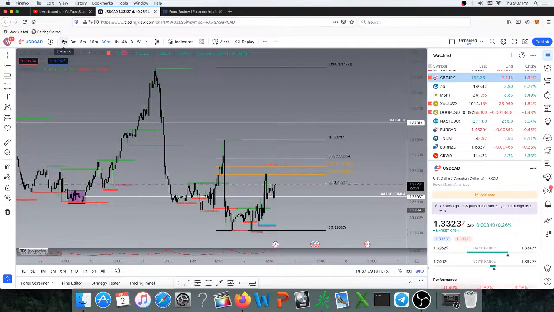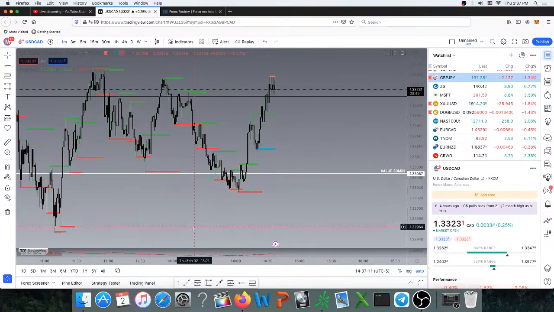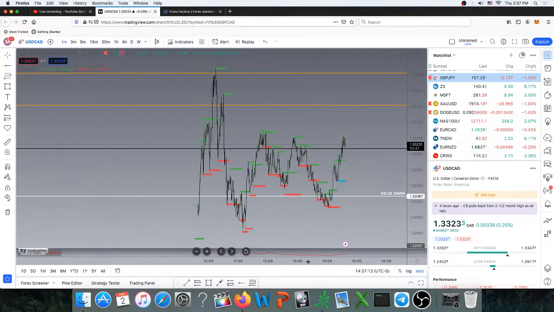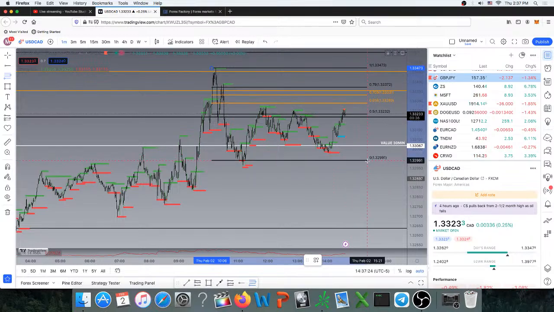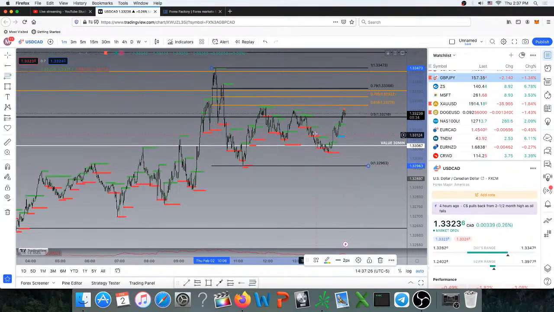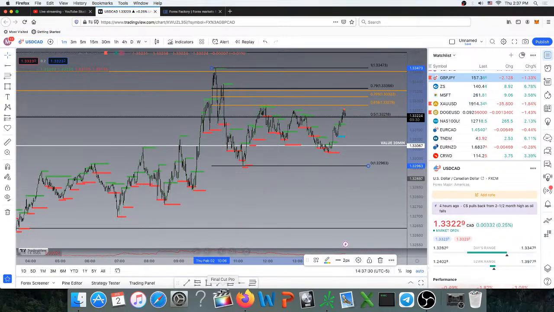Let's drop down to the 1 minute, see what we got. We do have a 1 minute breaking structure. So maybe in this area right here, we'll catch another sell.